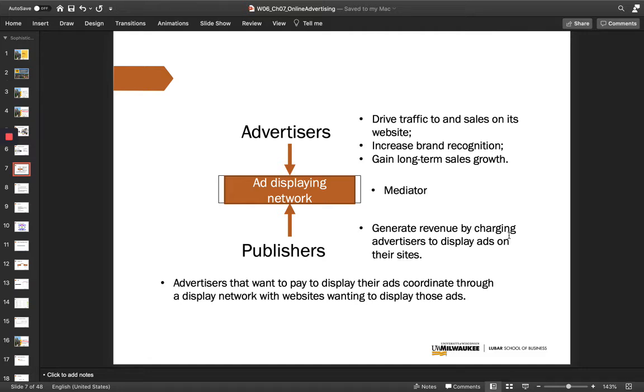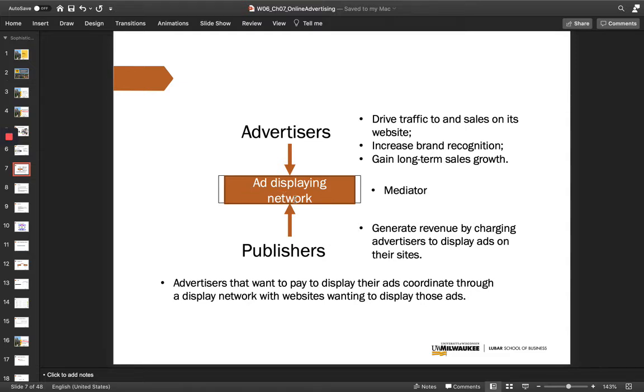So here's the meaning of introducing an ad display network. What is it? It is a mediator. Without this network, we have only 2 parts, which we have already talked about so much.